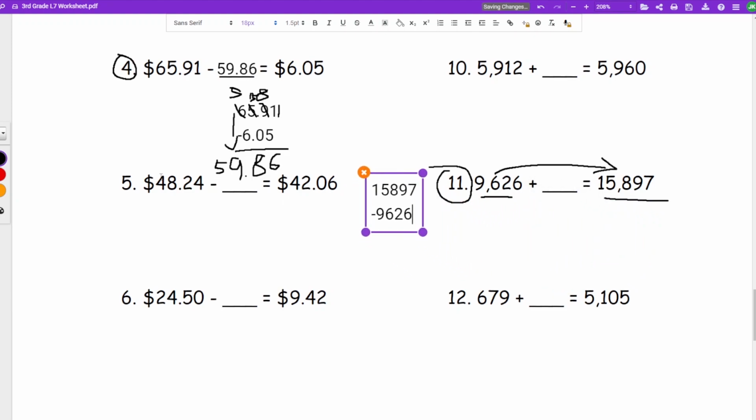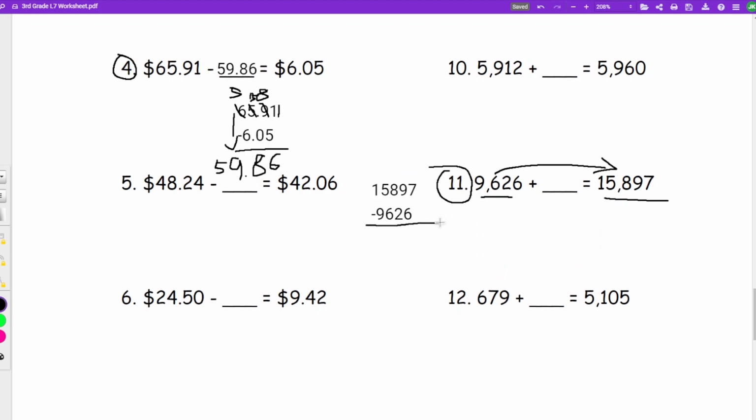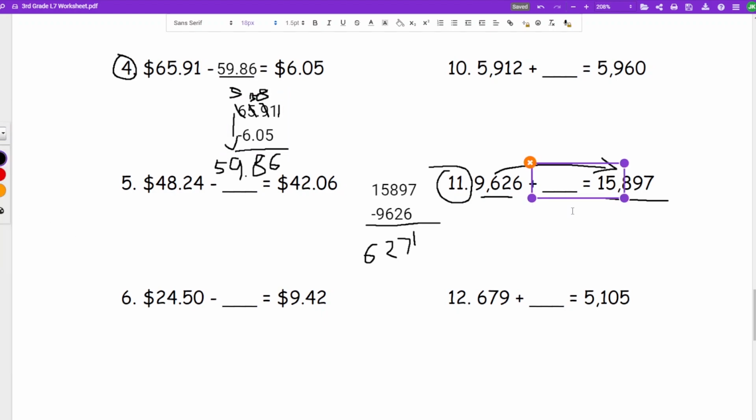I'll move this right here. So 7 minus 6 is 1. 9 minus 2 is 7. And 8 minus 6 is 2. And 15 minus 9 is 6. So our answer for this will be 6,271.